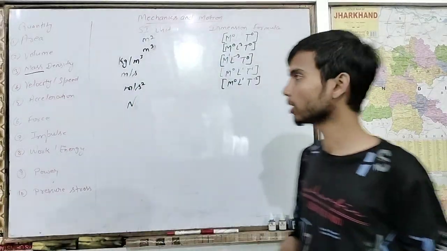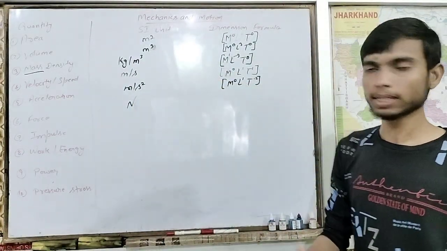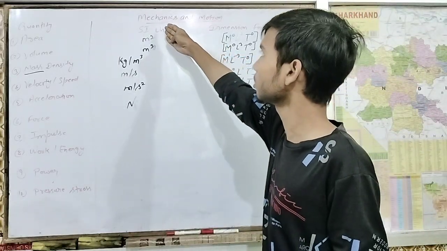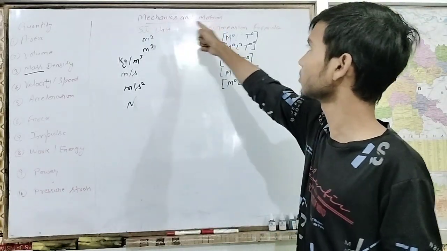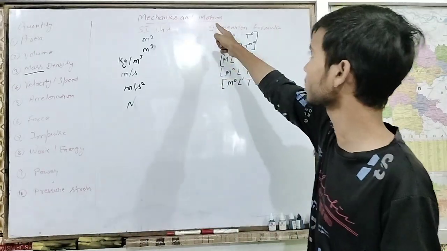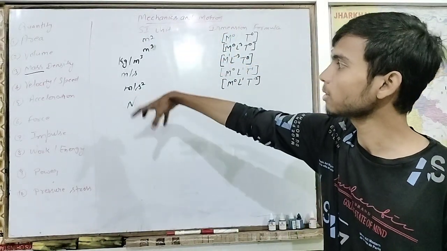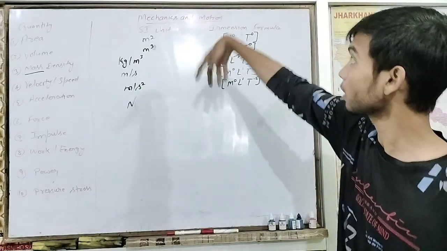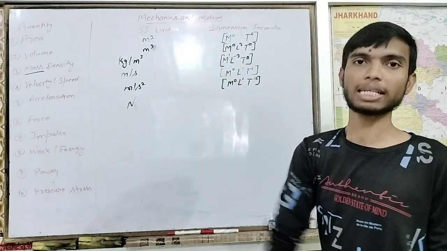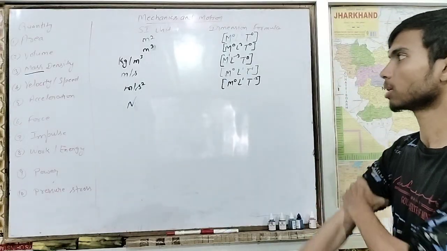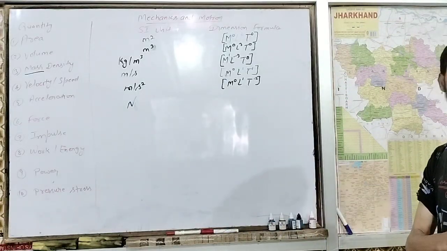Now here, we selected some physical quantities that are important for this topic, mechanics and motion. All these are the physical quantities that are important for mechanics and motion. We have separated some physical quantities.